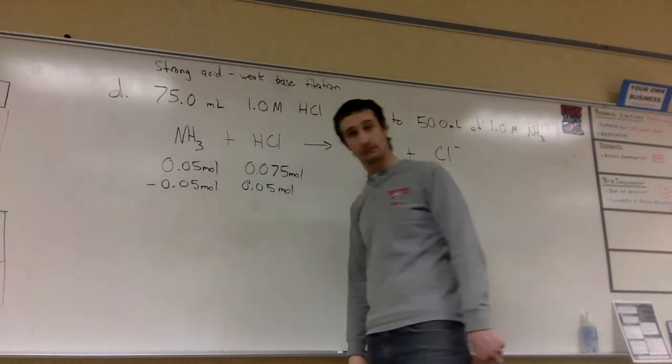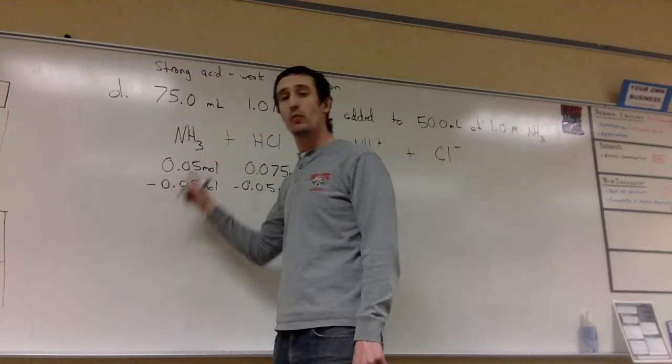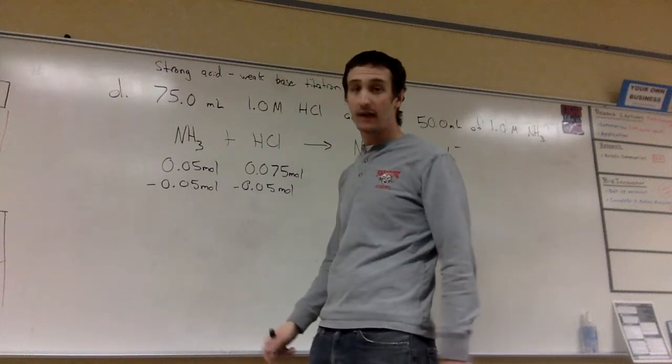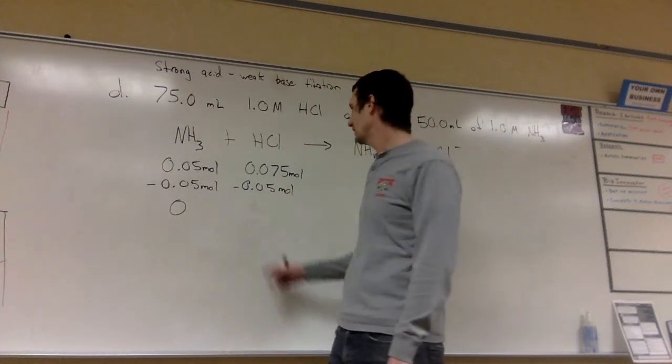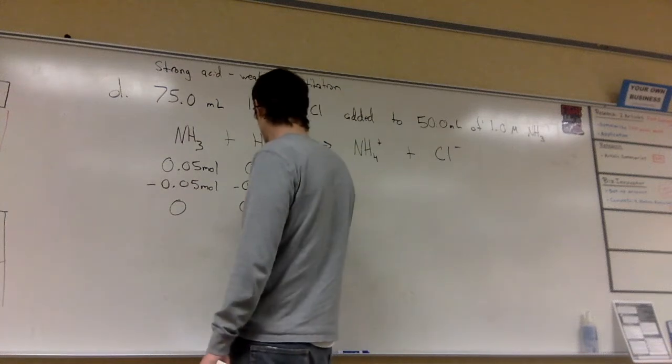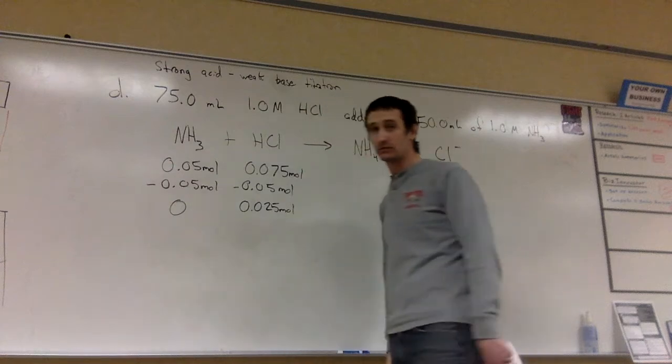Right? So if I've used up 0.05 moles of each reactant, that means I'm left with no ammonia, and I'm left with 0.025 moles of HCl.